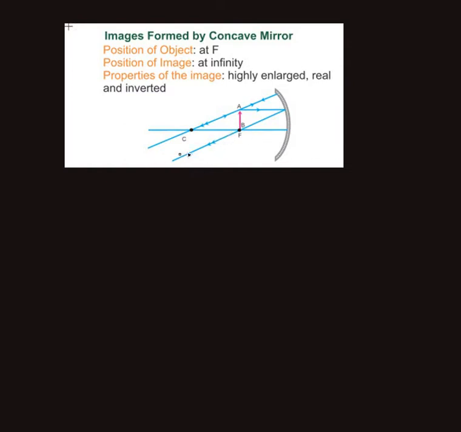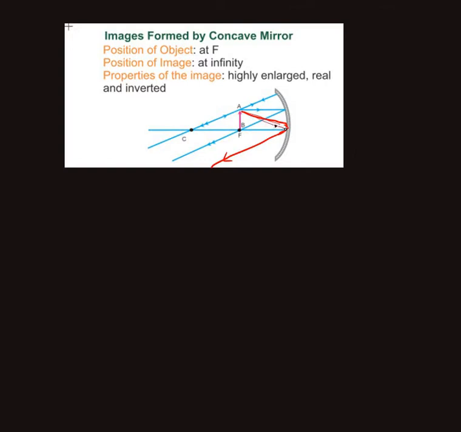Another one, like in this picture, goes through the center of curvature and hits the mirror. When it hits the mirror, it bounces back along the same path. And the other one that I will be drawing goes like this. It hits the mirror and goes parallel, and then you will have all these three rays.